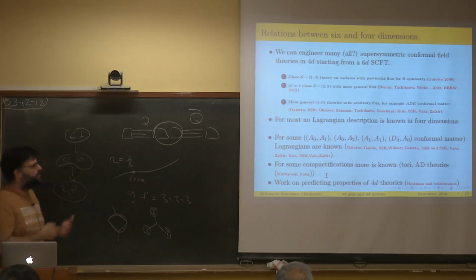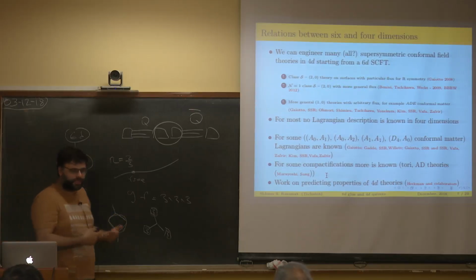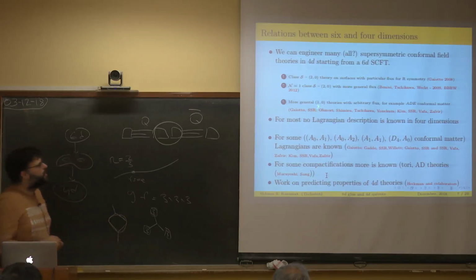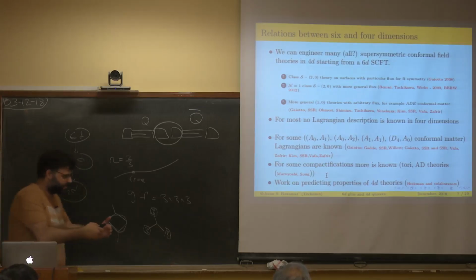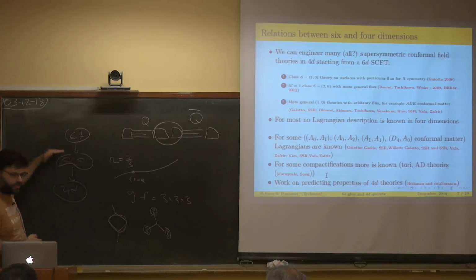And later on, there were several generalizations of this picture to n=1, to cases with less supersymmetry. So one thing one can do is, instead of starting with 2,0 and making choices during compactification such that n=2 supersymmetry is preserved, one can start with the same 2,0 theory in 6 dimensions, but make more generic choices which would preserve less supersymmetry in 4 dimensions.